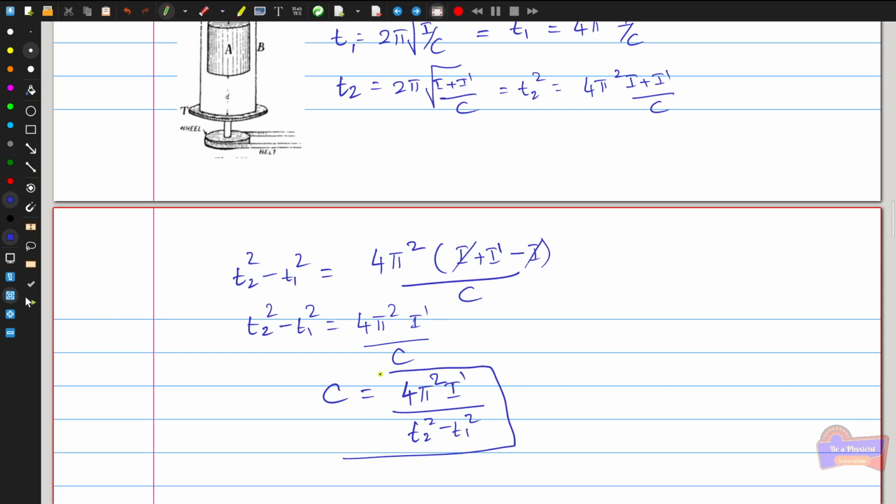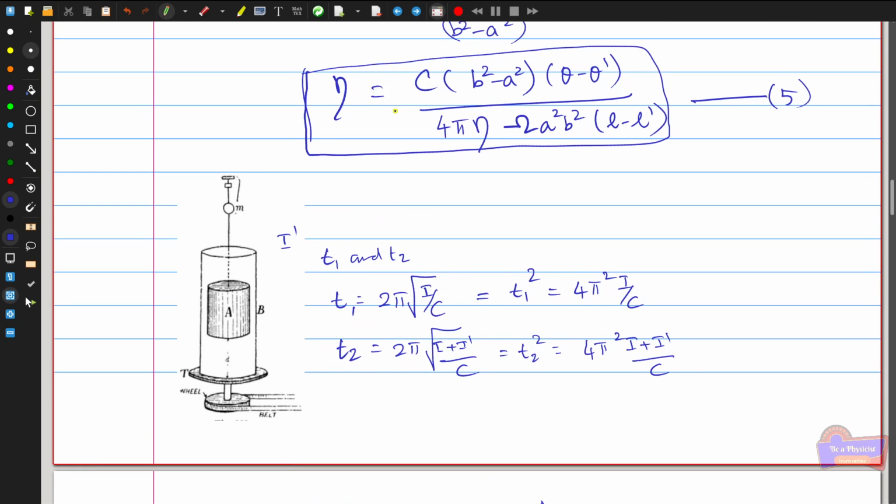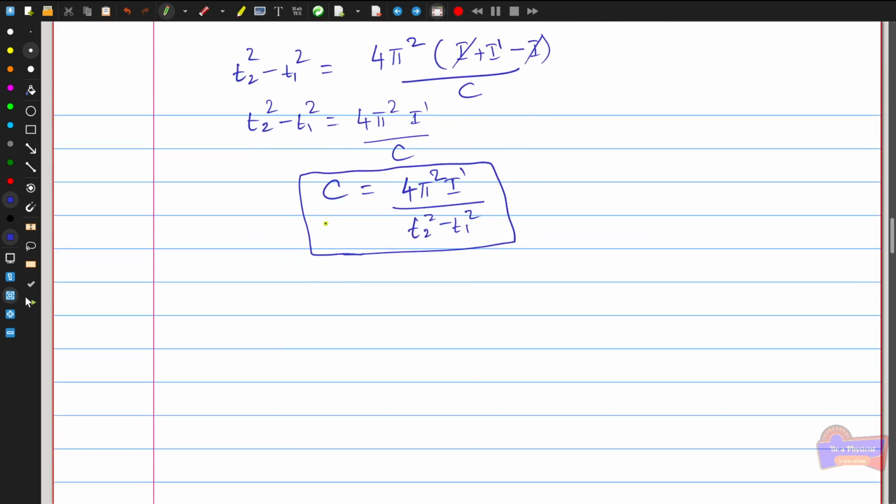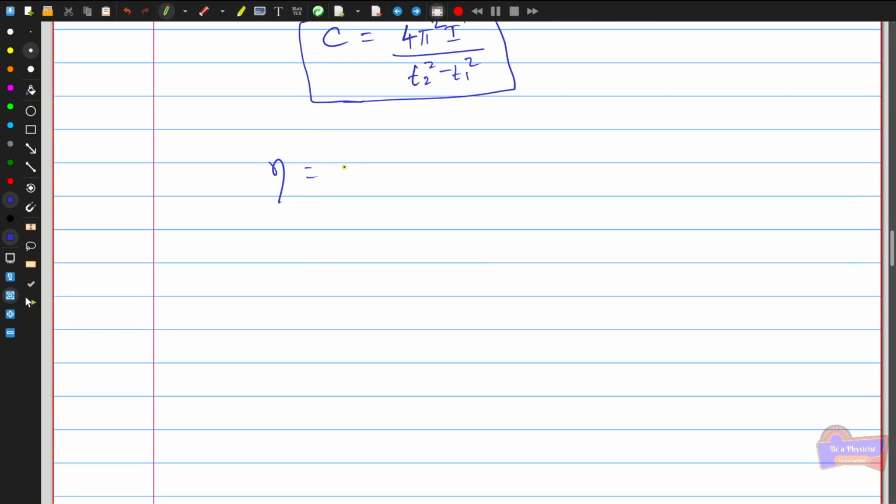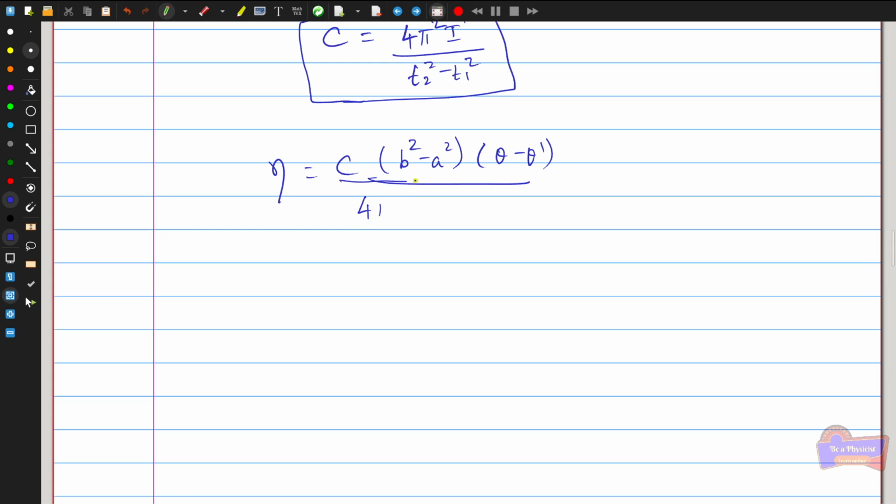So this is my value of C, which can be substituted into this equation so that I can find the final answer. Eta is equal to C times (B squared minus A squared) times (theta minus theta prime) the whole divided by 4 pi omega A squared B squared into (L minus L prime).